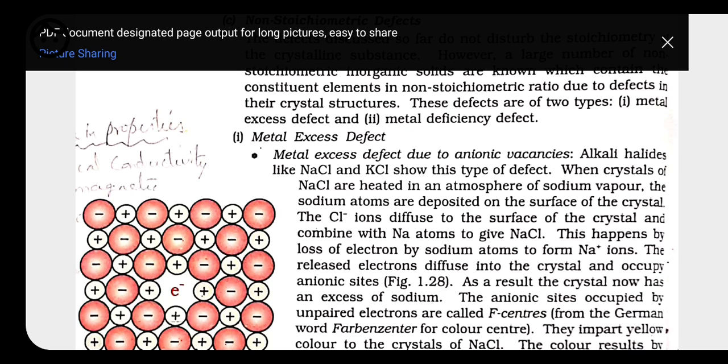Because the electron is present in the site from where the chlorine was removed, this electron makes the crystal electrically neutral or balanced, because due to the presence of one electron, the positive and negative ions are balanced. There is no change in the positive and negative ions.